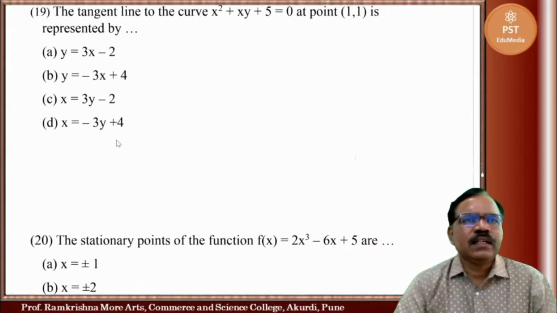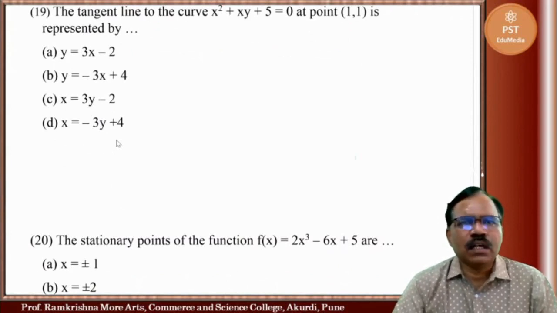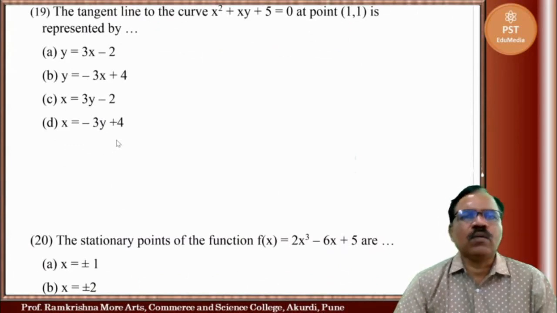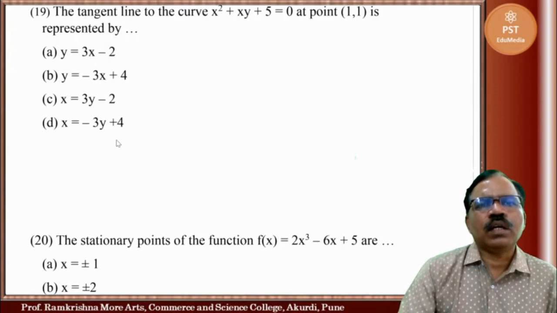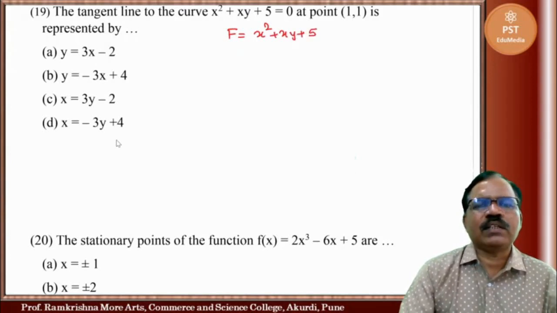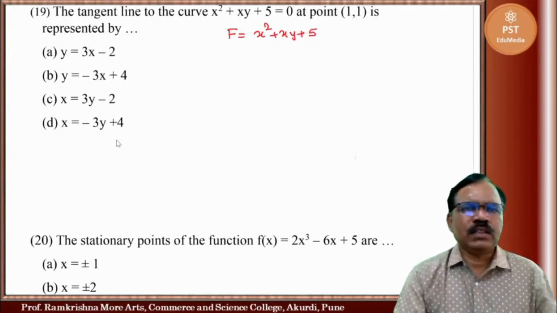Now next one, the tangent line to the curve x square plus xy plus 5 is equal to 0. So f is equal to, I can write, x square plus xy plus 5. First we will find slope.